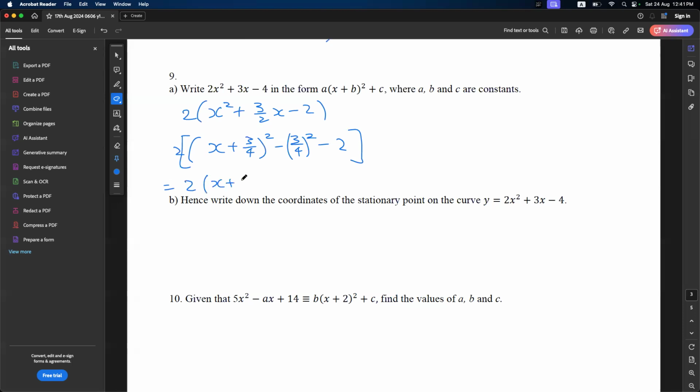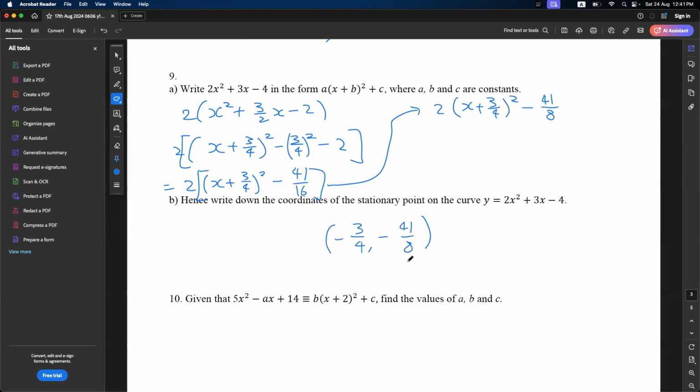You should have gotten 9 over 16 minus 2, which is 41 over 16. Oh wait, I have a bracket, yeah, sorry. Then like this, you have 2 bracket x plus 3 over 4 square minus 41 over 8. Hence, write down the coordinates of the stationary point, -3 over 4 and -41 over 8.